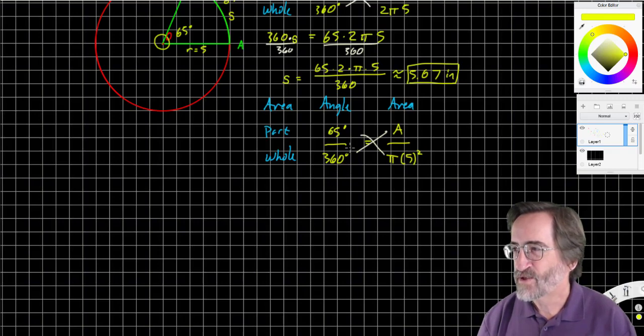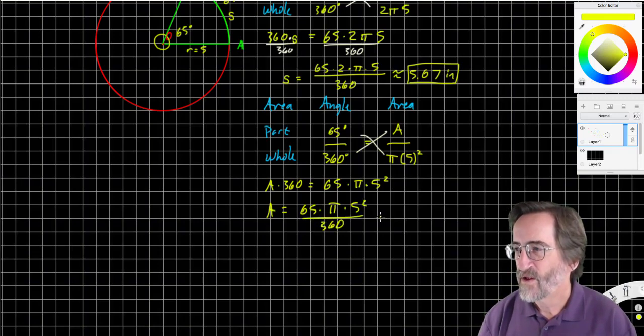All right, so A times 360 equals 65 times pi times 5 squared. I'm going to divide by 360. So A is 65 times pi times 5 squared divided by 360.